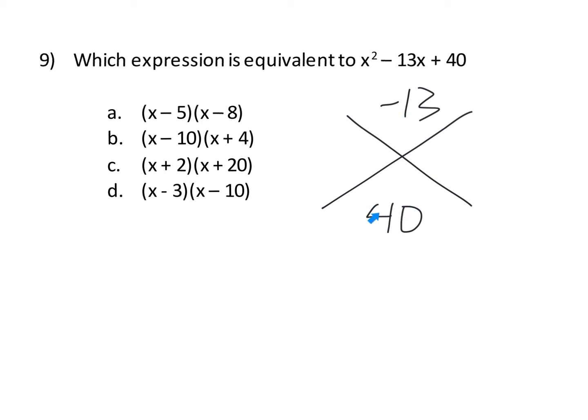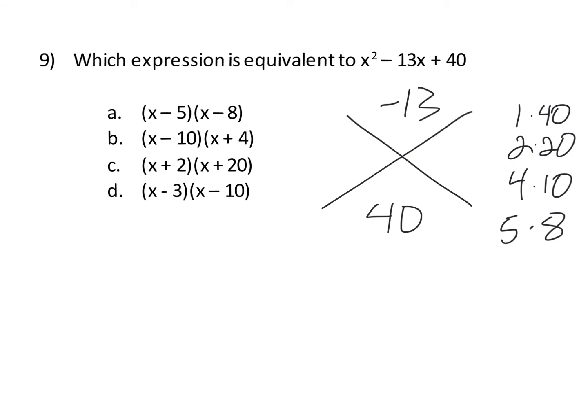Now, since they have to multiply to be a positive and add to be a negative, that means they're both going to have to be negative numbers. All right, but the factors of 40, we have 1 times 40, 2 times 20, 4 times 10, and 5 times 8.